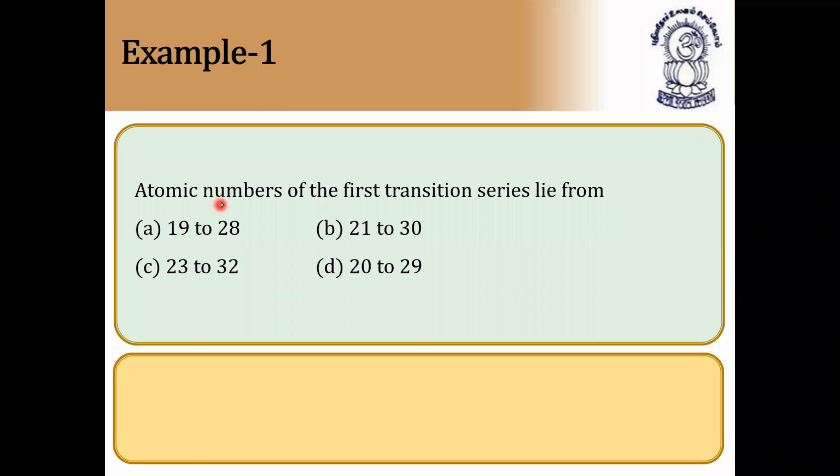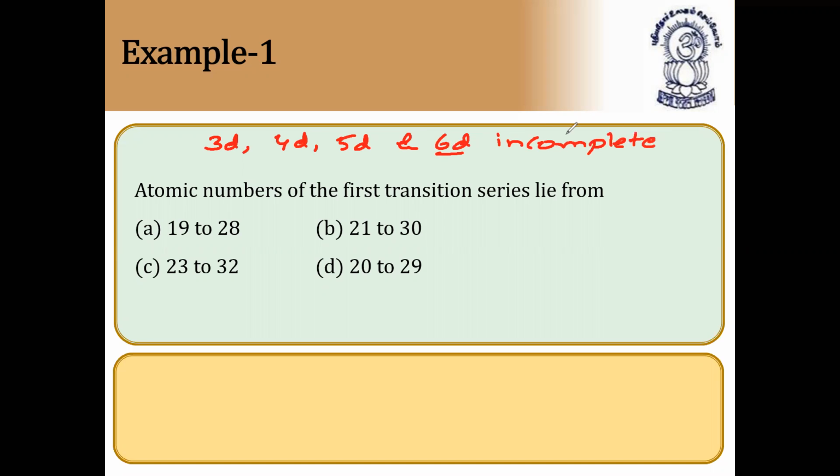Atomic numbers of the first transition series lie from, we know in transition series we have 3D series, 4D, 5D, and 6D is incomplete. So we have mainly 3 series. 6D series is incomplete, and for the 3D series the atomic numbers are from 21 to 30.